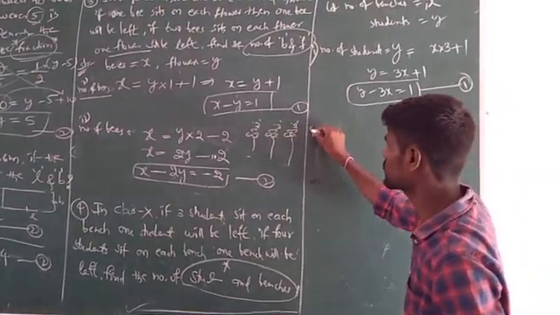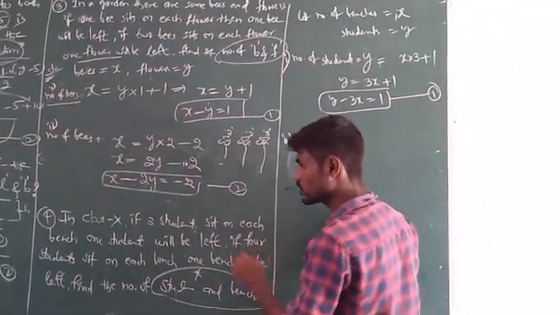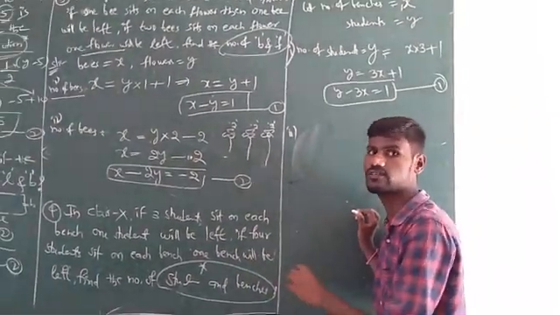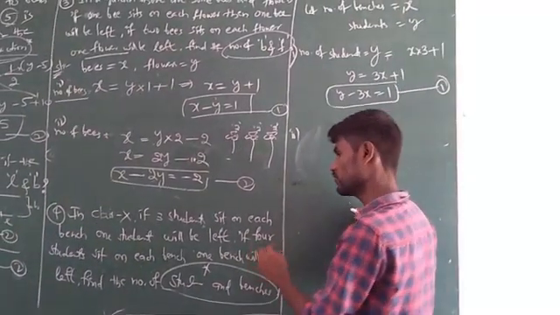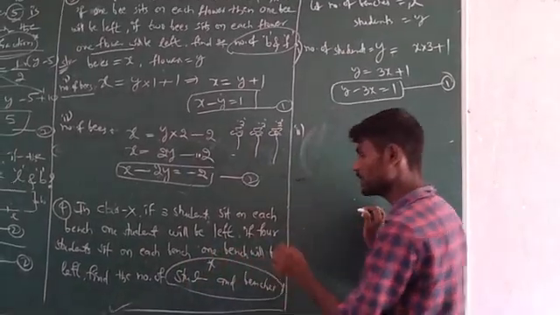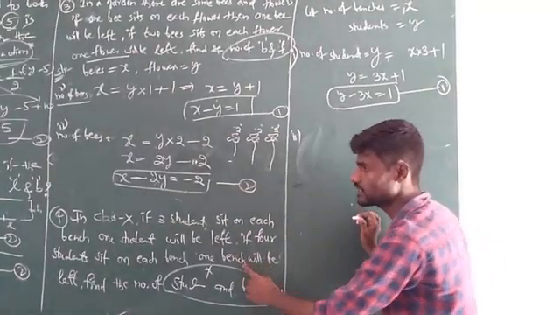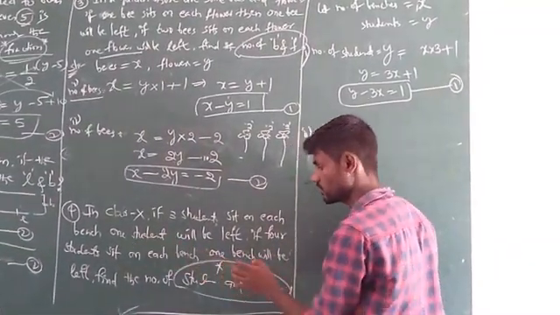Now, second case, the arrangement is with 4. If 4 students sit on each bench, one bench will be left here. In the previous condition, one student was left; here one bench will be left.